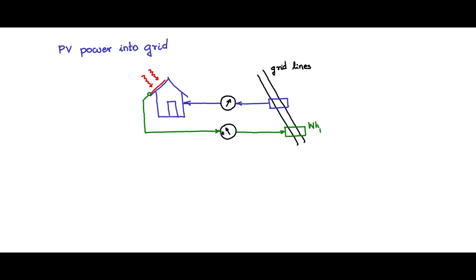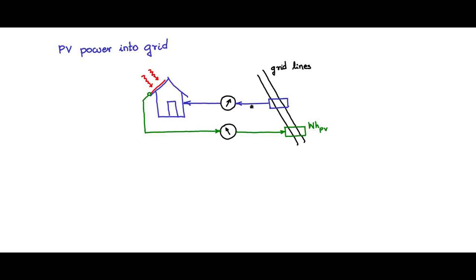The amount of energy that you put into the grid, that is the solar energy captured from the PV panels and put into the grid, we will name it as WHPV, watt hour PV. Watt hours is the unit of energy, and that's what we will be using.